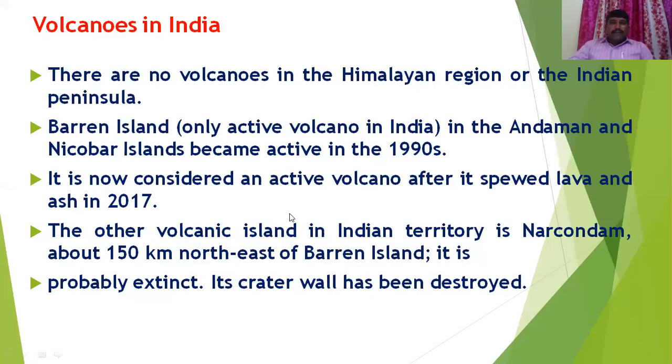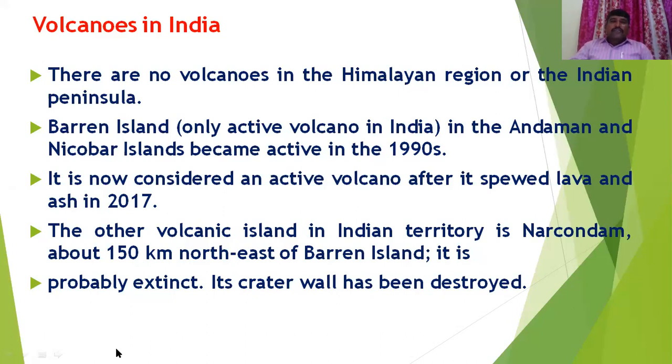Now the volcanoes in India. There are no volcanoes in the Himalayan region or the Indian Peninsula except in Andaman Nicobar Islands. Barren Island, the only active volcano in India, located in the Andaman and Nicobar Islands, which became active in the 1990s.